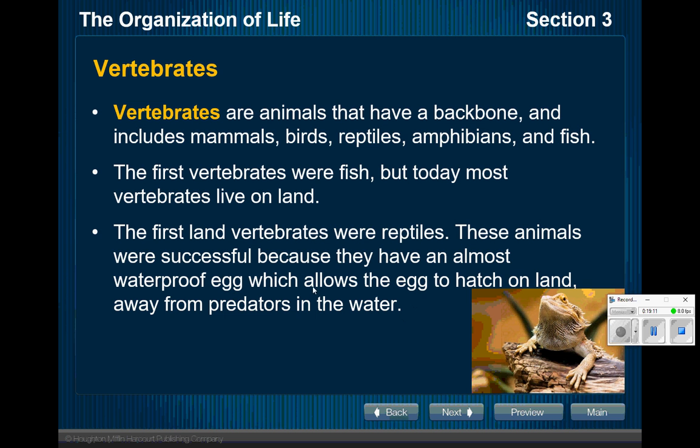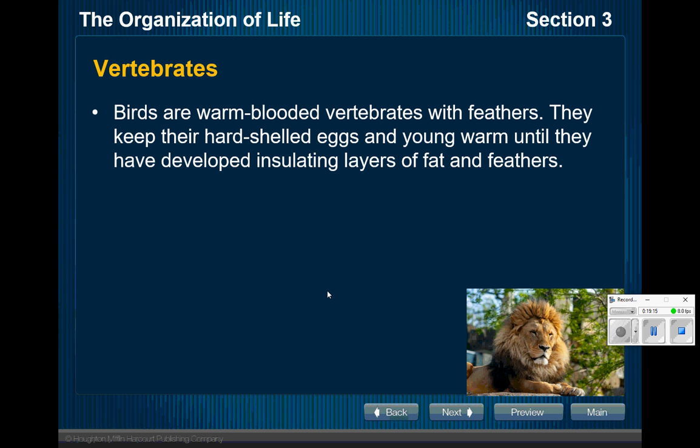Their eggs are more leather-like, whereas birds, which are warm-blooded instead of cold-blooded, have feathers and their eggs are more hard-shelled. Their young are kept warm until they have developed insulating layers of fat and feather to keep themselves warm.